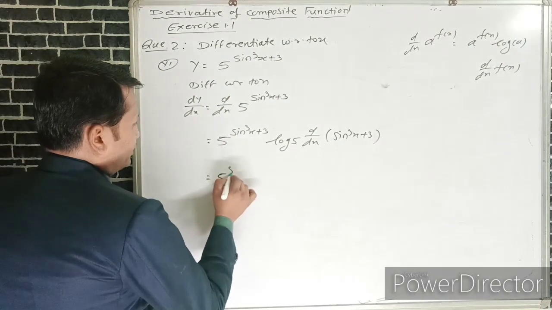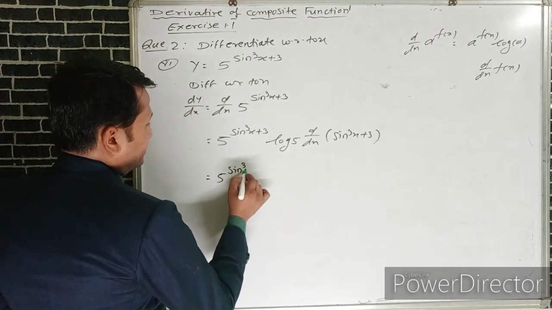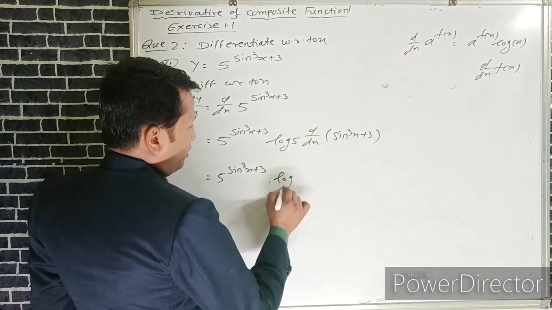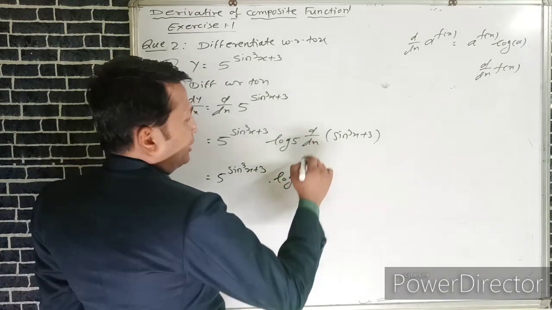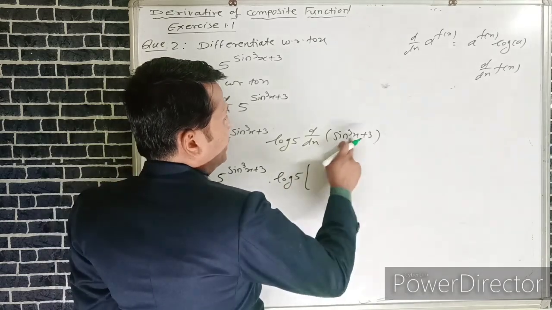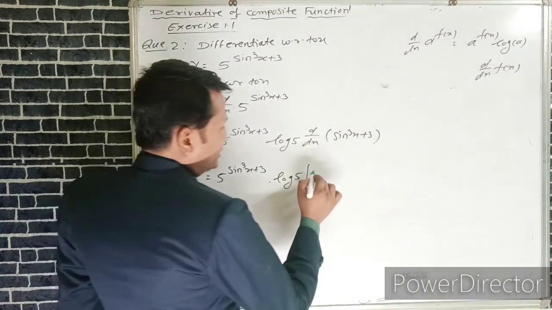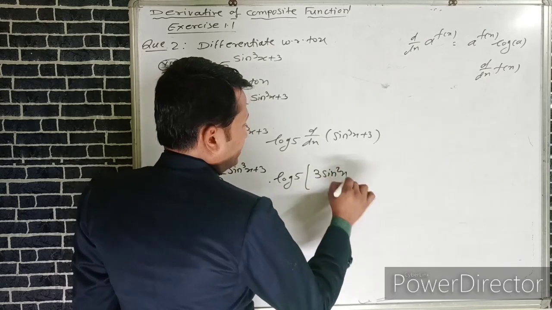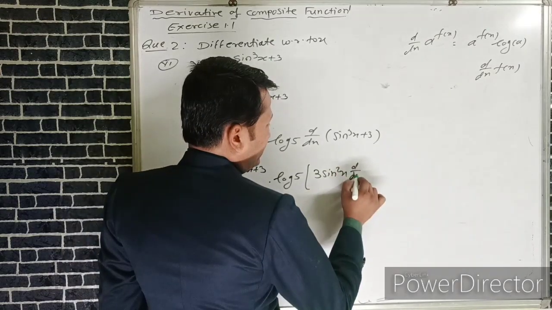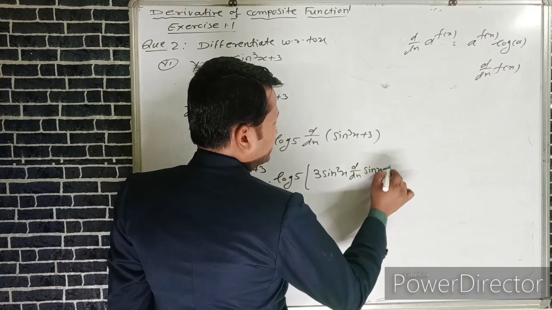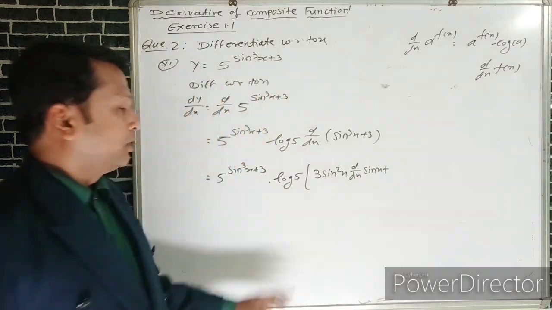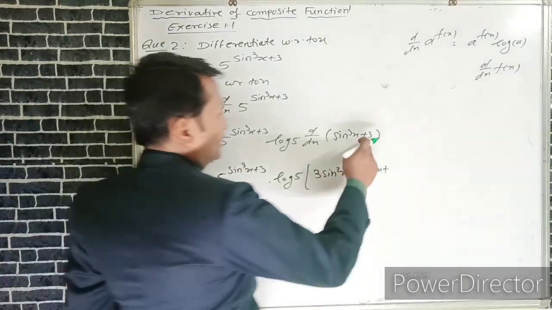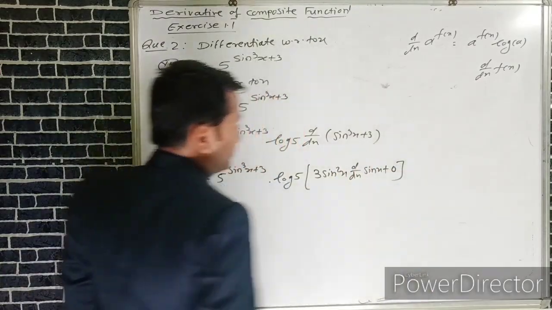Now 5 raised to the power sine cube x plus 3 as it is, into log of 5, and the derivative of sine cube x is 3 sine square x into again a derivative of sine x, by using the rule of derivative of x raised to the power n. 3 is again a constant function, and the derivative of a constant function is 0.